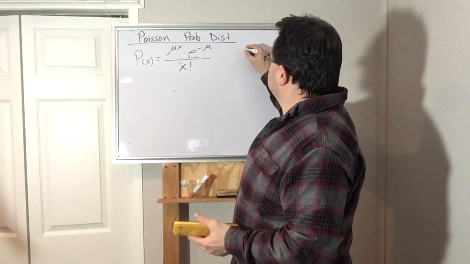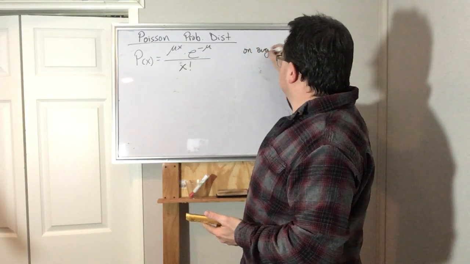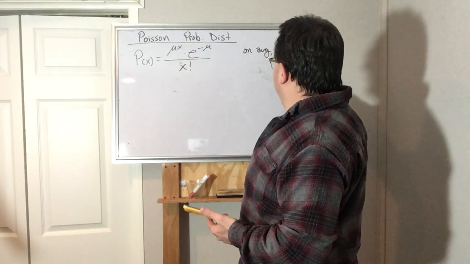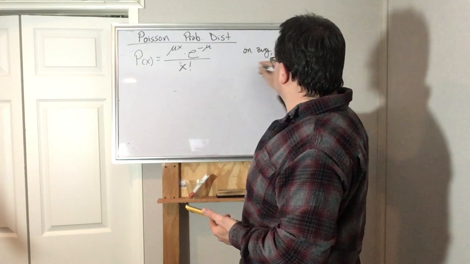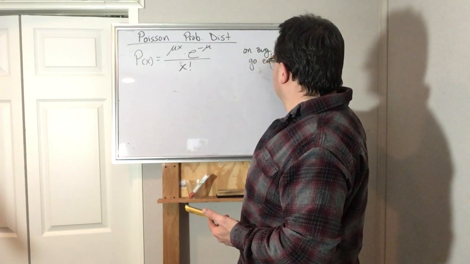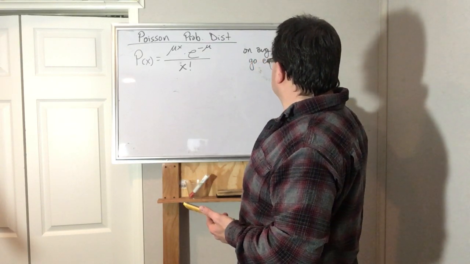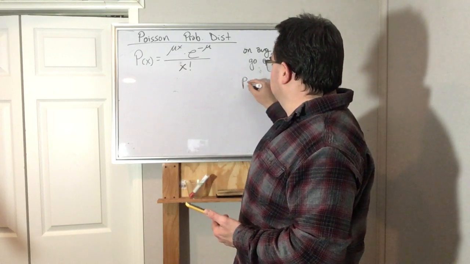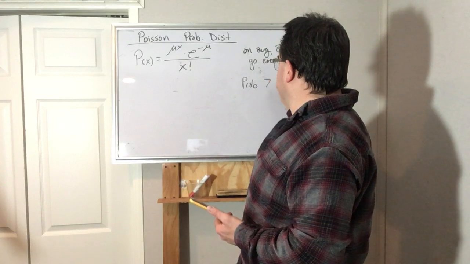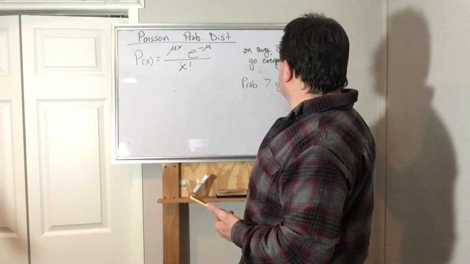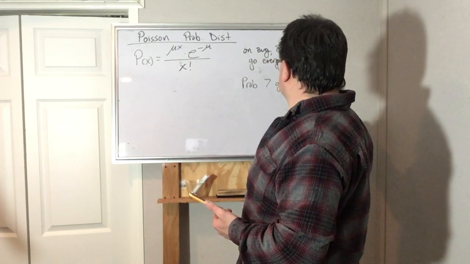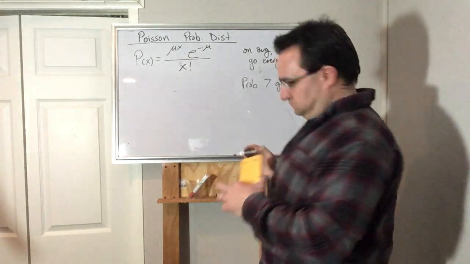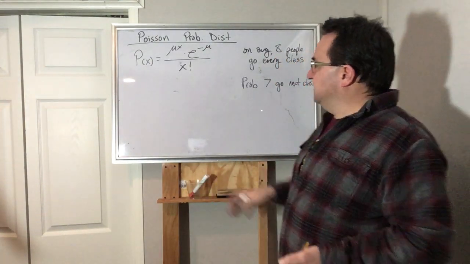So remember, on average, 8 people go every class, and I want to know the probability that 7 go next class. Well, what am I saying here?